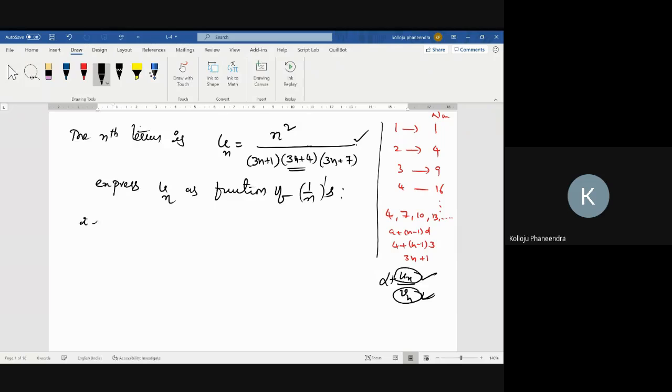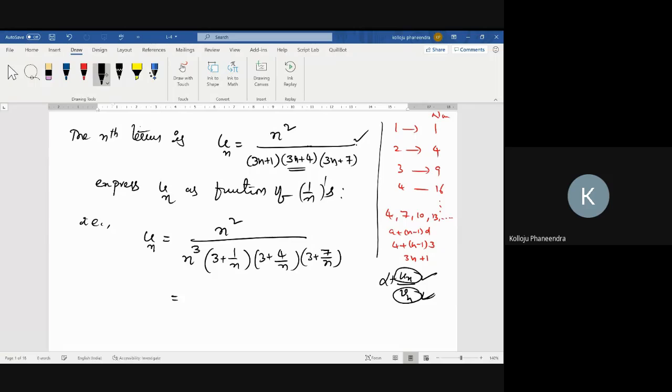This is the procedure to find Vn. Already this is n square. Take n common in every term, so outside it becomes n into n into n cube. So this becomes 3 plus 1 by n, and this is 3 plus 4 by n, and this is 3 plus 7 by n.